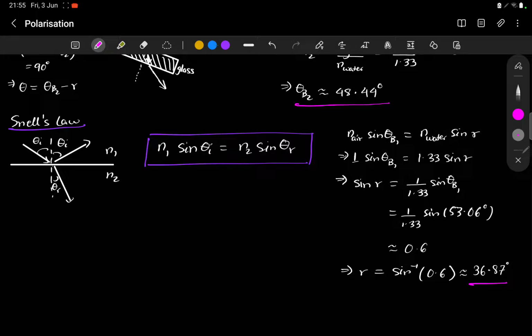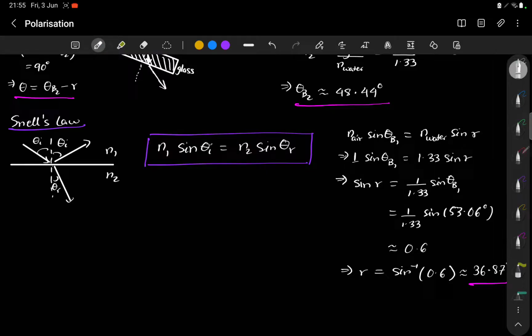So now we have all the angles needed to find out our theta. So let us do that. Theta is equal to theta B2 minus R. Theta B2 is approximately 48.44 degrees, and R we just found out is roughly 36.87 degrees. So this gives us 11.57 degrees.